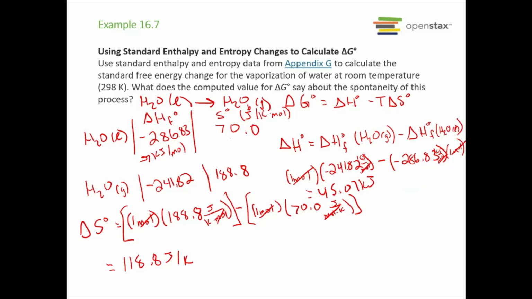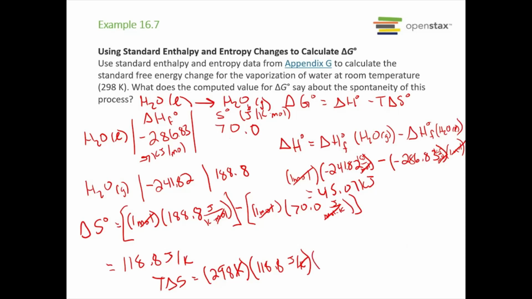So back to entropy. We have joules per Kelvin, and now we want to change this to T delta S. That means we need to take our entropy and multiply it times our temperature, which we were told was 298 Kelvin, times 118.8 joules per Kelvin. So those cancel out to give us that term.